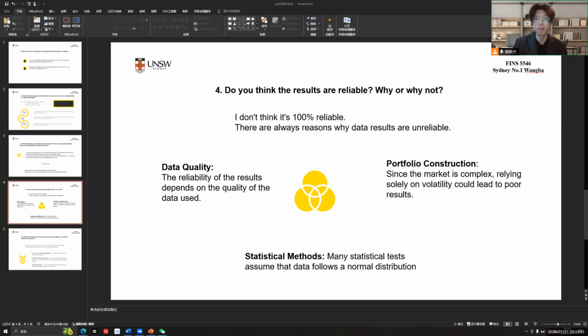And since markets are complex, relying on volatility alone may lead to poor results.